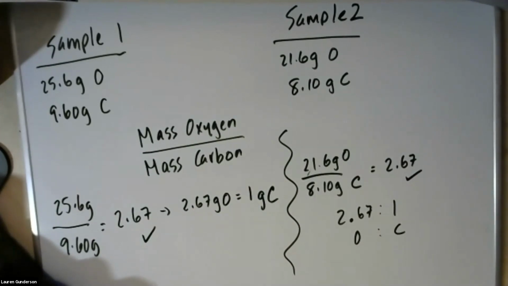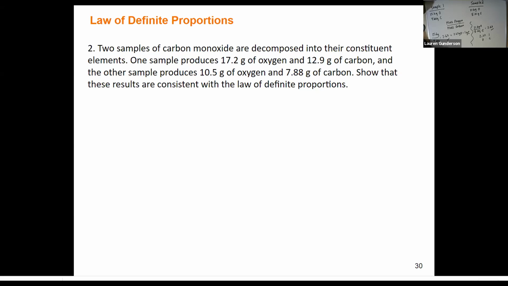So we're going to look at another example of this. Okay, this was an example of carbon dioxide. Now we're going to look here at an example of carbon monoxide. And what we're going to see is that the numerical value of the ratio is going to change.